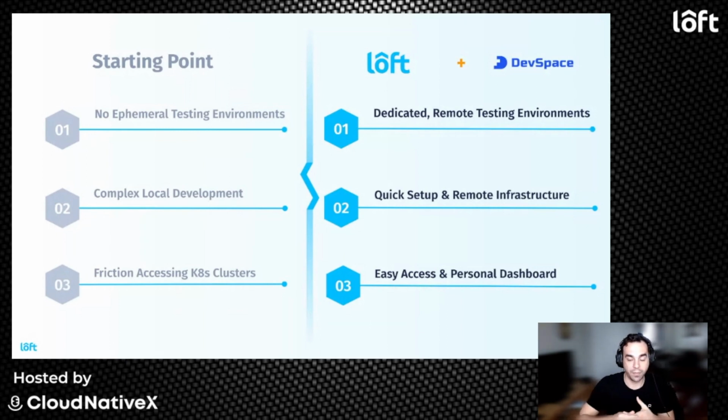So if I have a devspace deployment in a namespace called Rob's devspace environment, I could log into the Loft dashboard, filter by Rob's devspace environment, and see the status of the pods running in that environment, their behaviors, and the logs associated with them.